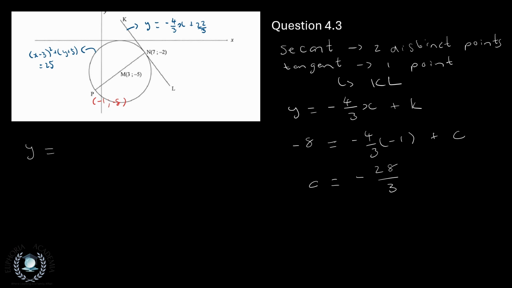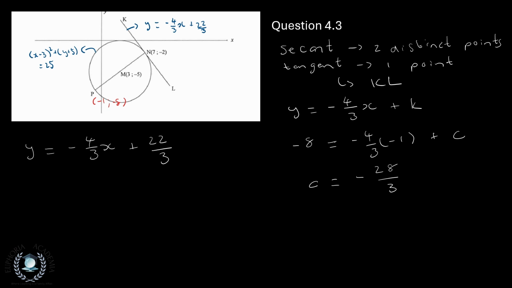Essentially, what this means is that for our secant formula, we know that our tangent formula is y is equal to -4/3 x plus 22/3. Now, this will touch the circle at 1 point and 1 point only. But if our c value is all the way here at our P point, where it's (-1, -8), that's the extreme end, but it also shouldn't touch there essentially. It's only going to touch it once.